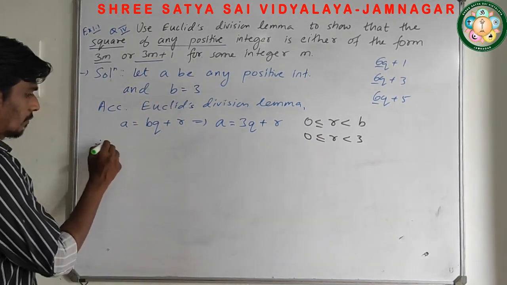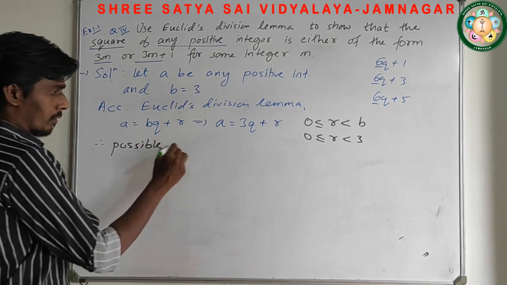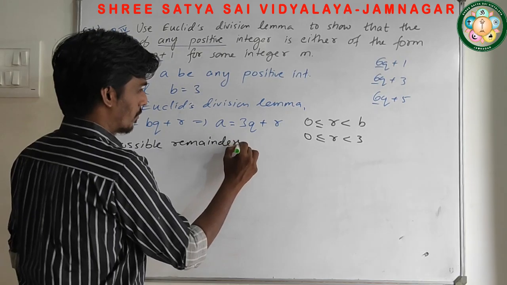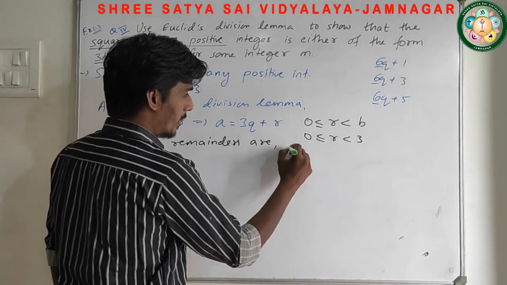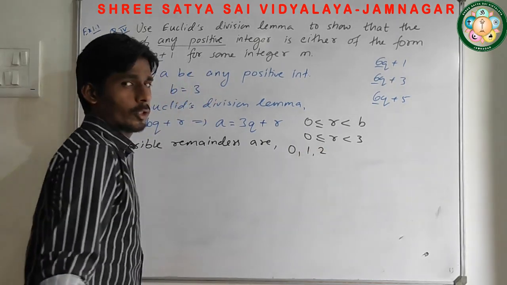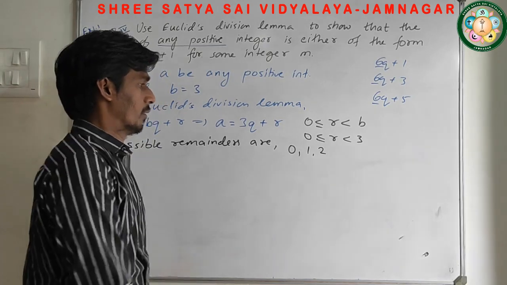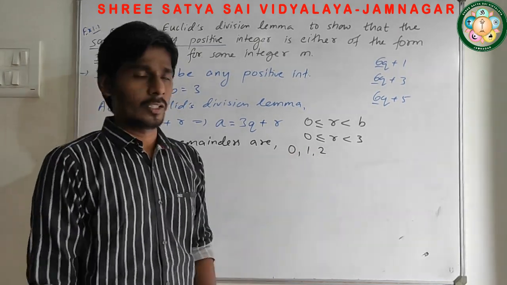So possible remainders are 0, 1 and 2. These are the possible remainders 0, 1 and 2.